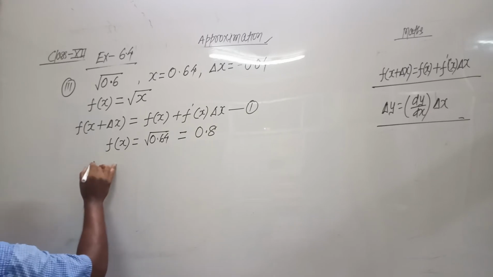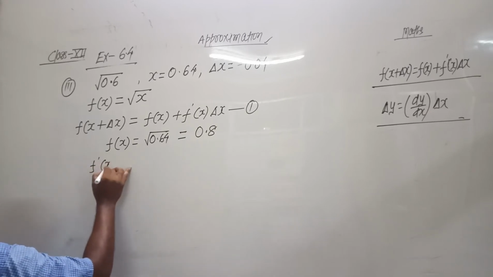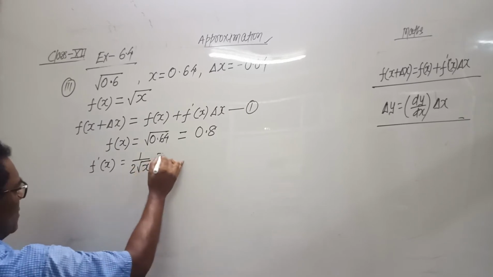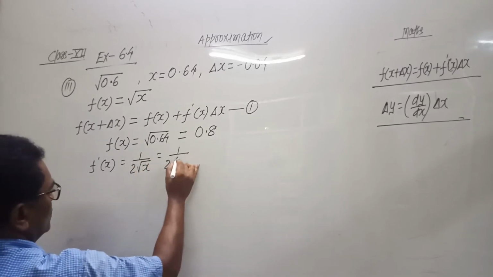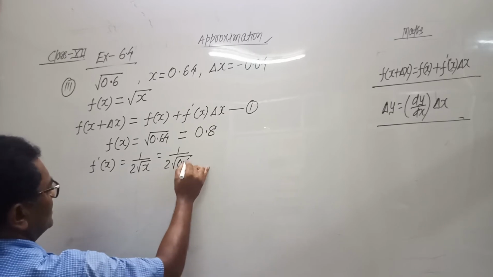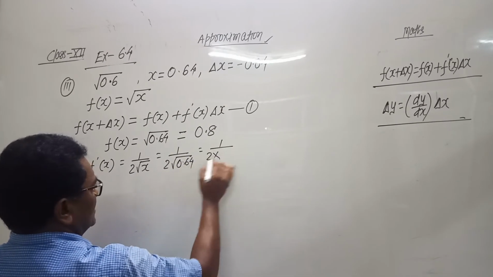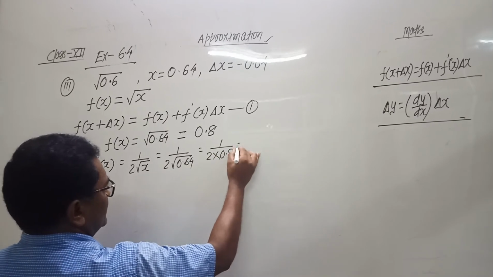Now we find f dash x. So f dash x is 1 by 2 root x, and put the value of x. So 1 by 2 root, the value of x is 0.64. So 1 by 2 into its square root, which is 0.8.